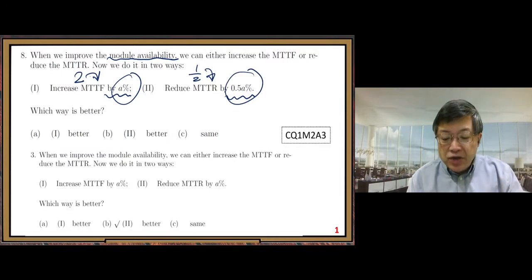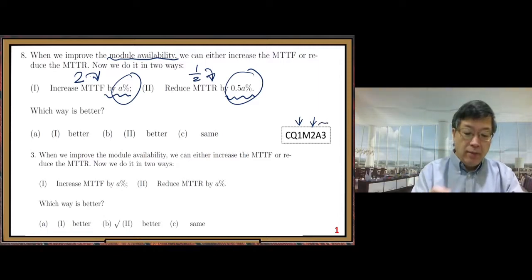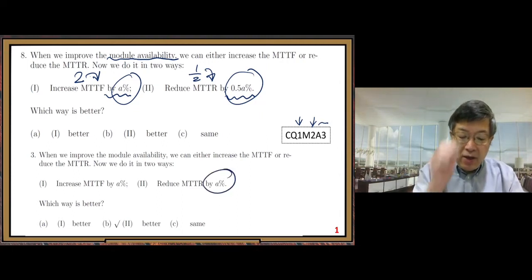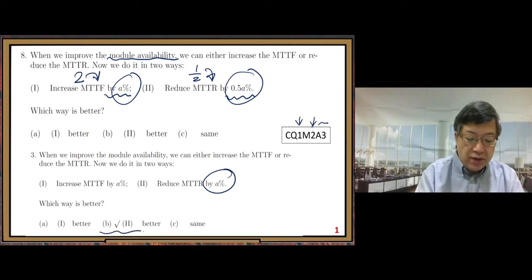I give you a similar question in our comprehension question set 1, module 2, part A, question 3. But in that one, it is slightly different: reduce MTTR by 8%. In that case, the answer is B. This is better.